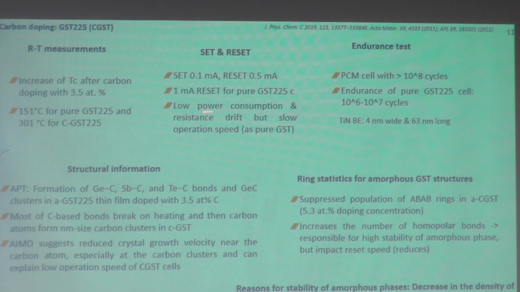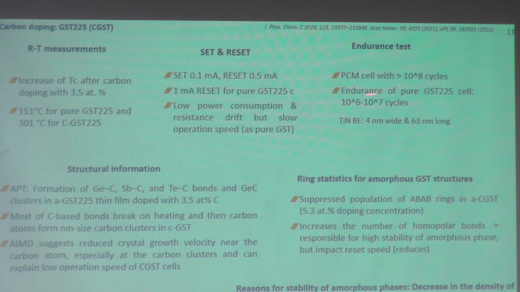and also the resistance drift was better than GST 225, but somehow the operation speed was not good compared to the pure GST, but it increases the endurance of the GST 225 to 10 to the 8 cycles.